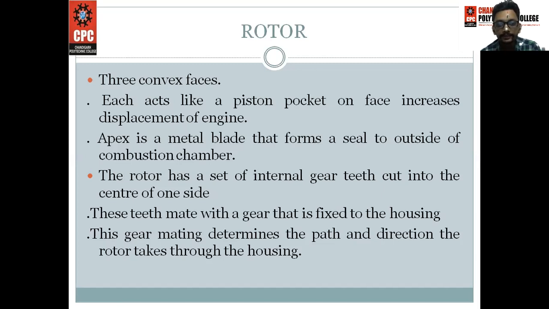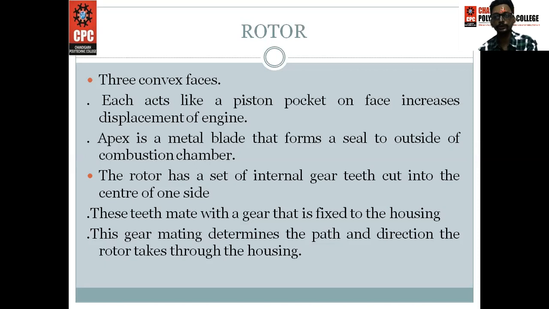The rotor has a set of internal gear teeth cut into the center of one side. These teeth mate with a gear that is fixed to the housing. This gear mating determines the path and direction the rotor takes through the housing. So this is the introduction to the rotor.